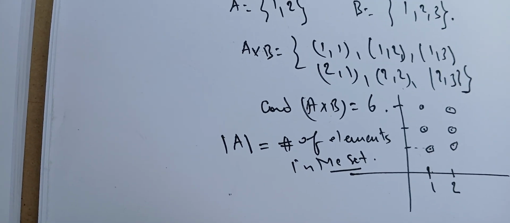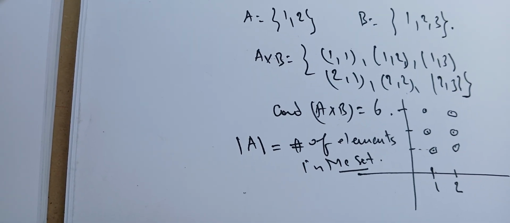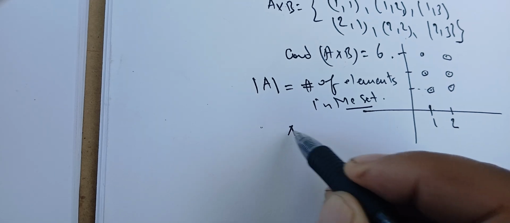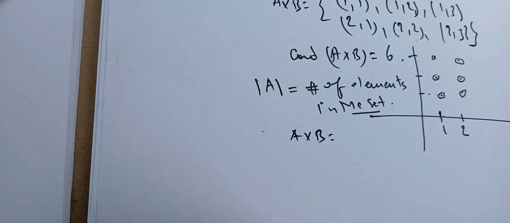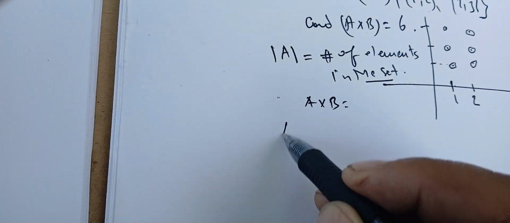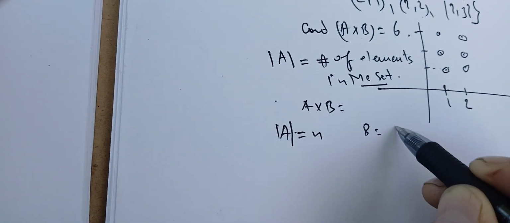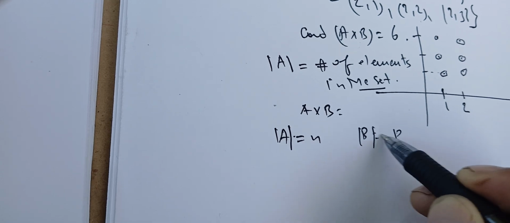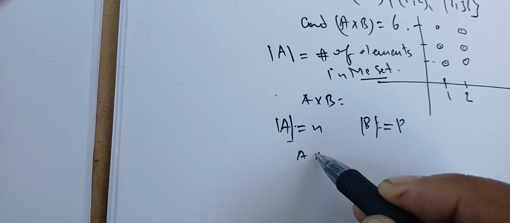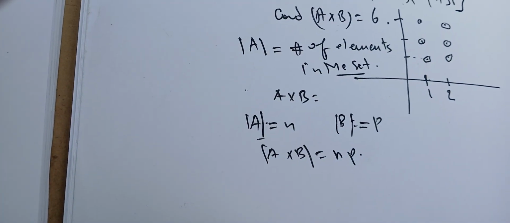Our aim here is to find the cardinality of A cross B. To do that, we assume that A has n elements and B has p elements, so the number of elements in A cross B is going to be n times p.